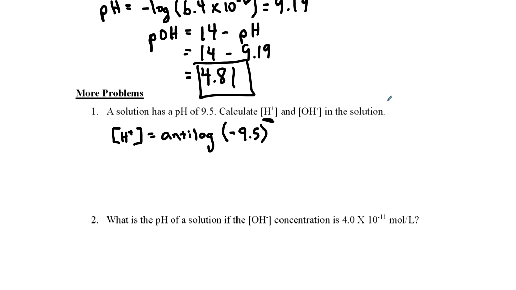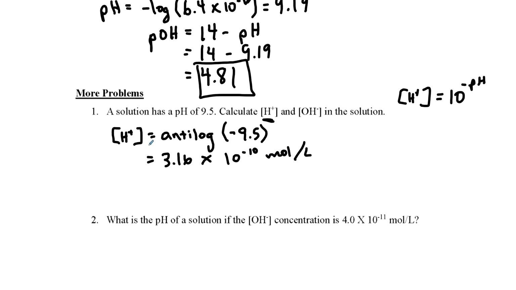So remember, this is kind of what we're dealing with here: 10 to the power of the negative pH. Okay, so this is where we use that 10 to the power of x button on our calculator. And what we end up getting here is that the hydrogen ion concentration is 3.16 times 10 to the negative 10 moles per liter.